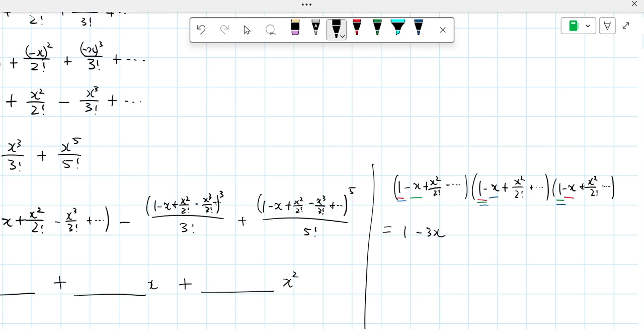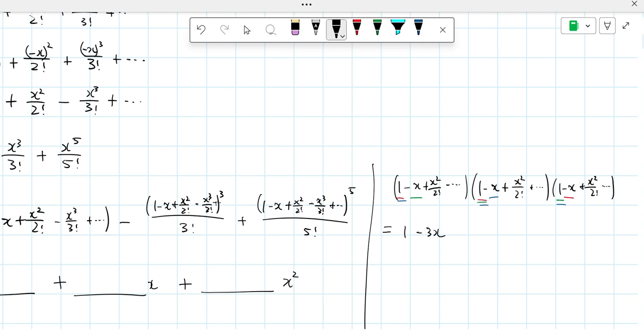I think this question is kind of getting out of our hands very quickly. Now we need to. Degree 2, is it really? Should we just find it degree 1? I think to find the degree 2, we don't actually have to do it. But one way to do that would be to go with x squared over 2 factorial times 1 times 1.